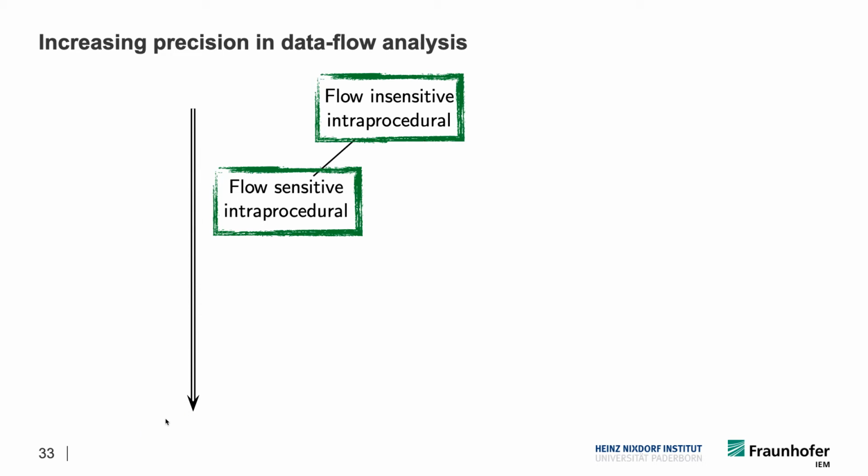And then the most simple analysis you can possibly think of is a flow insensitive intra-procedural analysis. We have seen this in the very beginning of this course. This would basically be a type system, right? So that's really the most simple system you can think of.